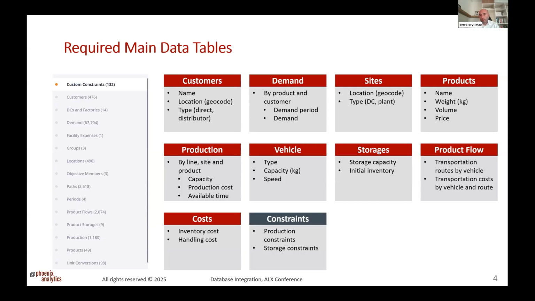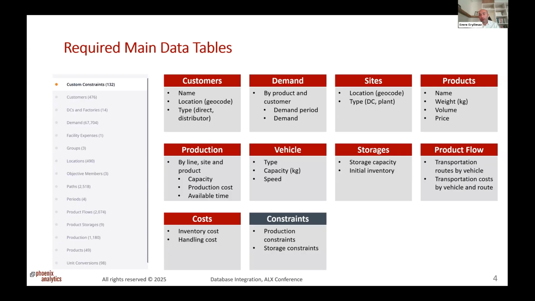For the production part, we need how many lines are in one site, which products are being produced, what their capacity is, how many products that line can produce in 1 minute, the production cost of producing that product, and the available time, how many hours or minutes that line is available for production.